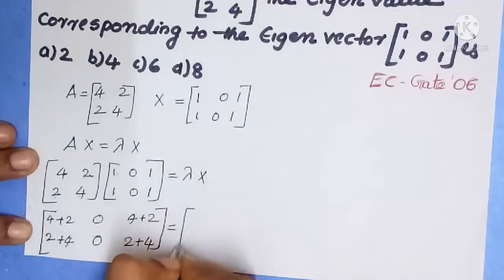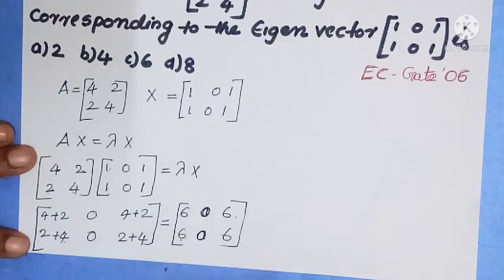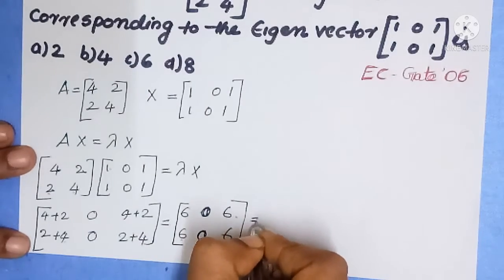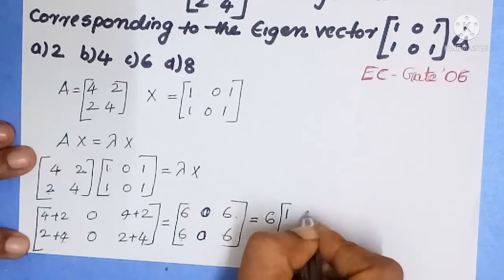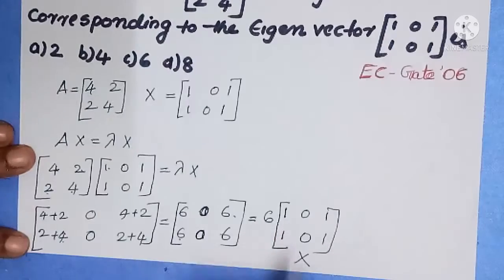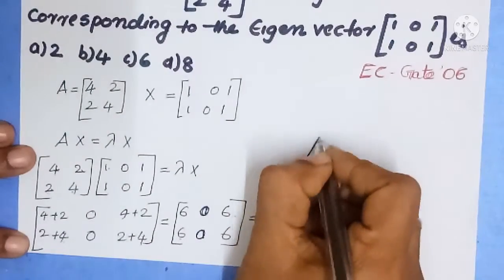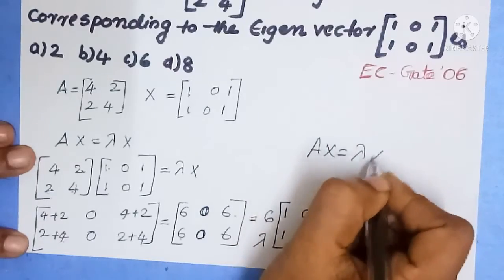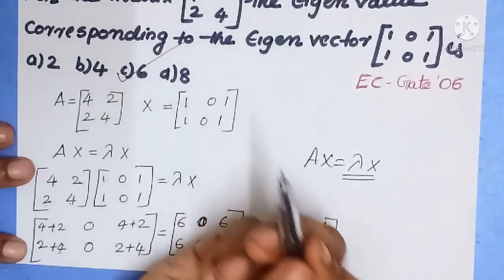It should be equal to 6, 0, 6. Okay. From this matrix we can take 6 common. So we can write 1, 0, 1. This is our X matrix. This is lambda because Ax should be equal to lambda x. Then what is the eigenvalue of this matrix? It should be equal to 6. Option C.